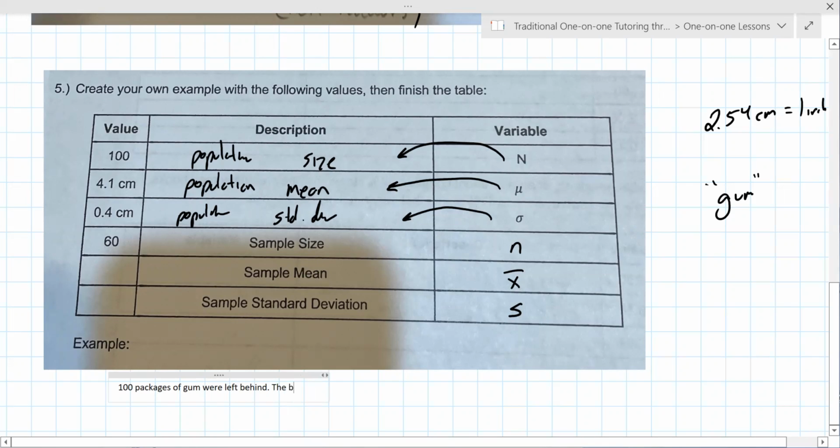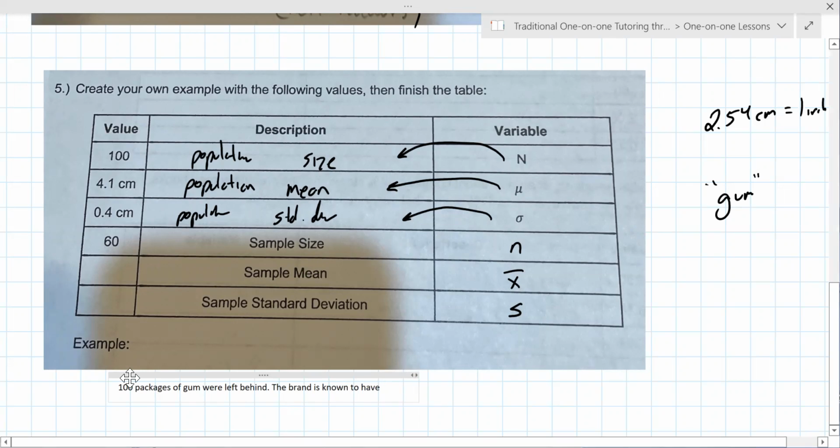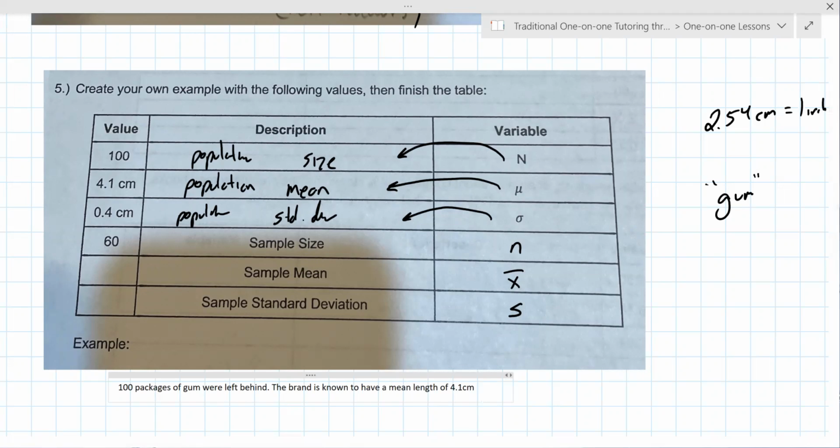The brand is known to have. So when you say the word known, that means it's assumed to be true. Known to have a mean length of 4.1 centimeters per stick, something like that.